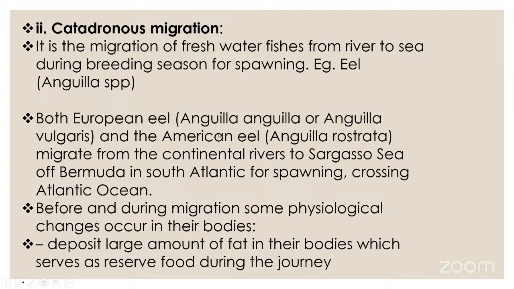So they cross all the Atlantic Ocean and go for spawning. Before and during migration, some physiological changes occur in their bodies. So what are those physiological changes? They deposit a large amount of fat in their bodies, which serves as reserve food during the journey.